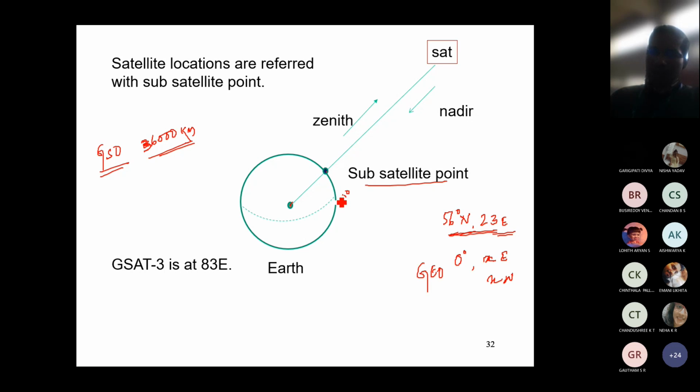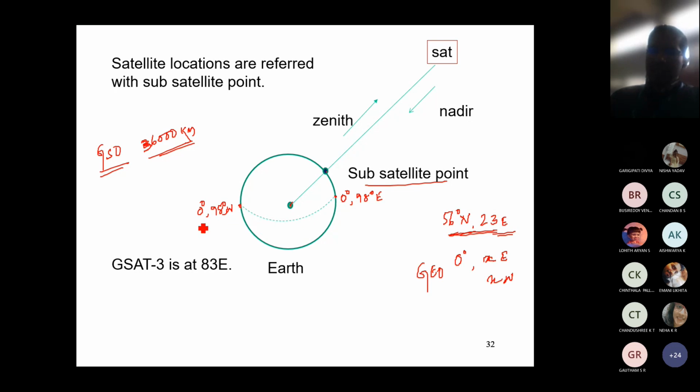So if you ask me the coordinate of this, it is 0° latitude and some degrees east, suppose 90° or 98° east. Similarly, this has the coordinate 0° latitude, 98° west. So this is how the equatorial line is represented.